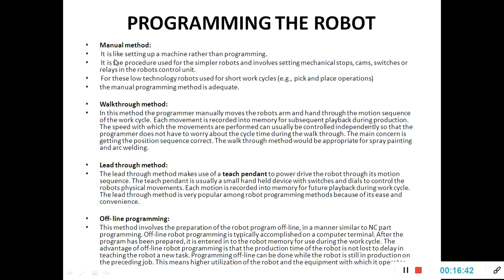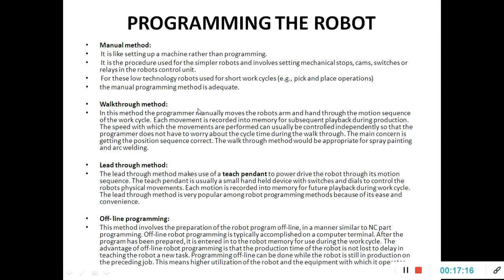See, the manual method is like setting up the machine rather than programming. It means manual method programming has nothing automatic. You are just fixing and setting the machine without any program. A little bit of programming is used here. It is the procedure used for simpler robots and involves setting mechanical stops, cams, switches, relays.